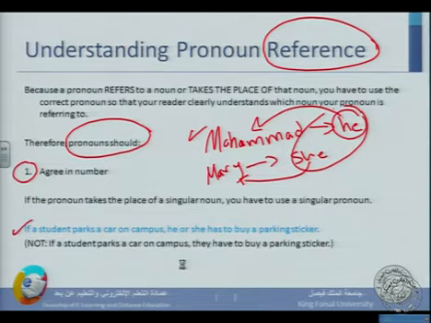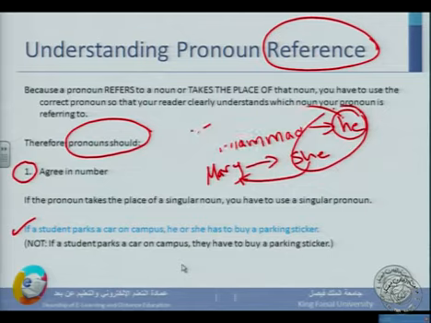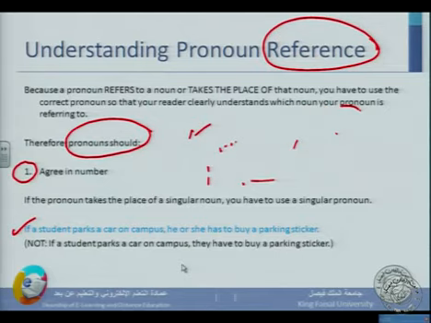For example, look at this example now. If a student parks a car on campus, he or she has to buy a parking sticker. هذه جملة. الآن أنا شو بدي أسألك؟ The question is, do we have a pronoun عندنا ضمائر؟ الجواب should be yes. اللي هي he or she.